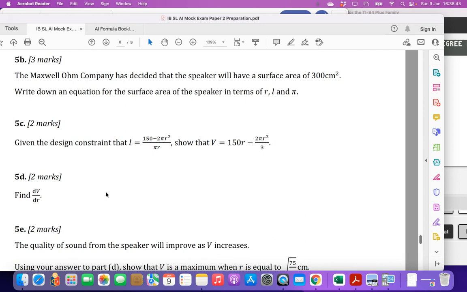The length of the cylinder is just going to be 150 minus 2 pi times that square root of 75 over pi, squared, divided by pi r.